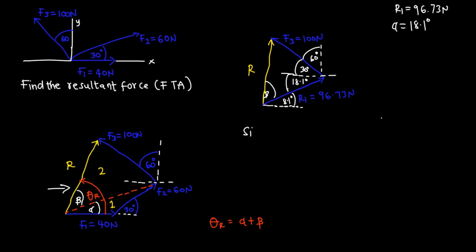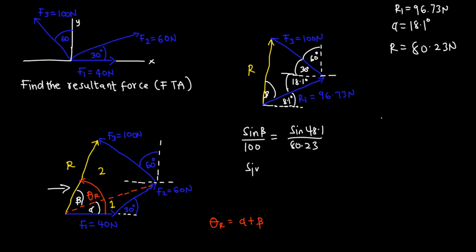So we're going to have sine beta over F3, which is 100 Newton, and that should be equal to sine of 48.1, which is the angle opposite to the resultant force, divided by the resultant force, which we got to be 80.23. Okay, R was 80.23 Newton.